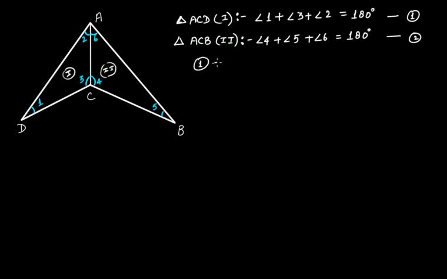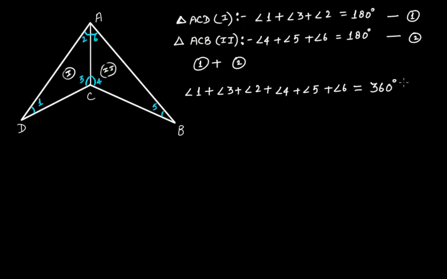Add these two equations, that is equation 1 plus equation 2. Let me copy this. You'll add the left hand side together and then you'll add the right hand side together. If you add 180 degrees plus 180 degrees, that is 360 degrees.